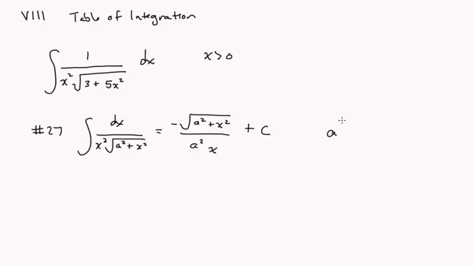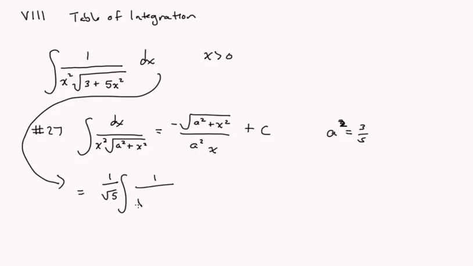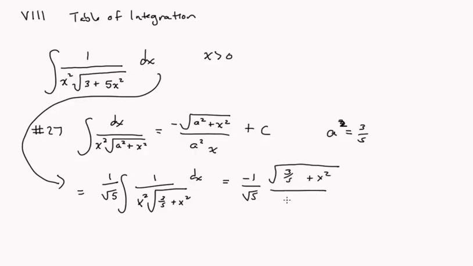I would say here that a squared is equal to 3/5. And so this integral becomes 1 over the square root of 5, integral of 1 over x squared times the square root of 3/5 plus x squared dx, equals negative 1 over radical 5 times the square root of 3/5 plus x squared over 3/5 x plus c, according to this above.